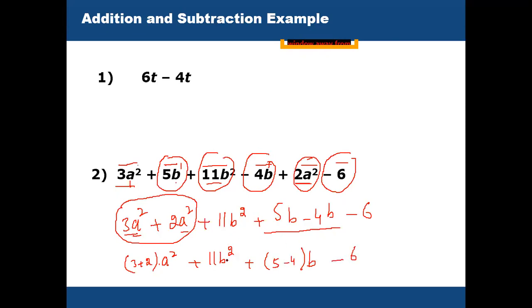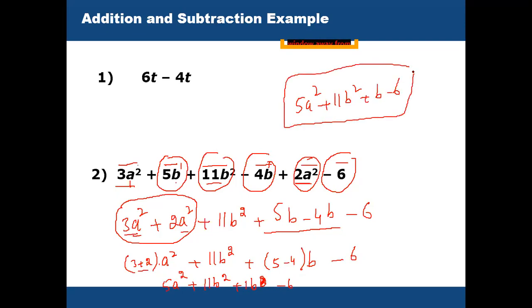Next we have minus 6. 3 plus 2 equals 5a square. Next one 11b square. Next one 5 minus 4. You know that 5 minus 4 is 1. So 1b, just b, and minus 6. So the result is 5a square plus 11b square plus b minus 6. So this is simplification, or addition and subtraction, of like terms.